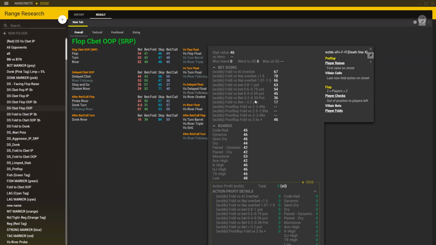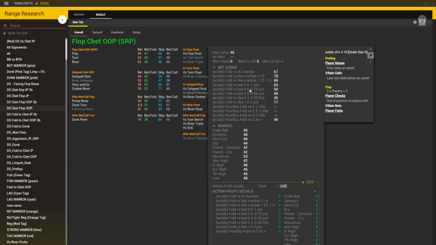Against 1/3, the break-even threshold is 25, we're succeeding at 36% frequency. Even the 2/3 sizing, with 40% break-even threshold, we have 54% fold equity. So it doesn't matter too much the bet sizing we use, we generate automatic profit.